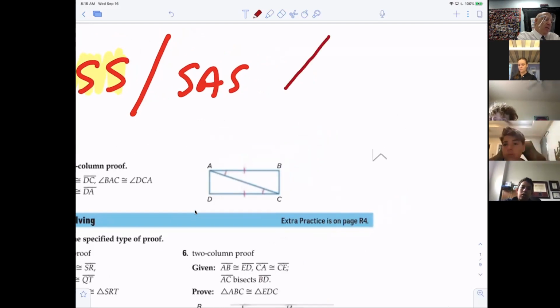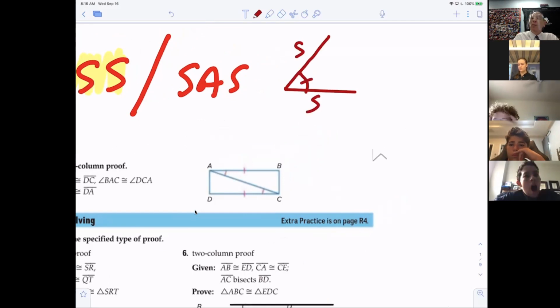Side, angle, side. All right. Now, notice the angle, please listen, the angle is between the 2 sides. How obvious is that?